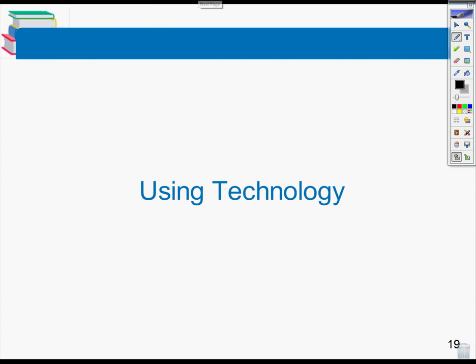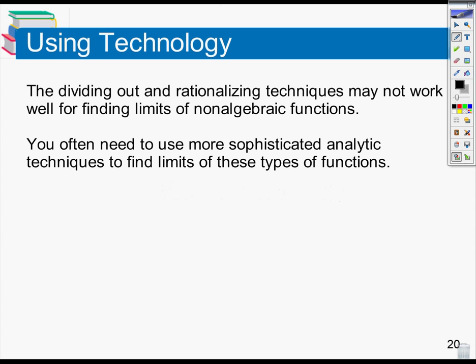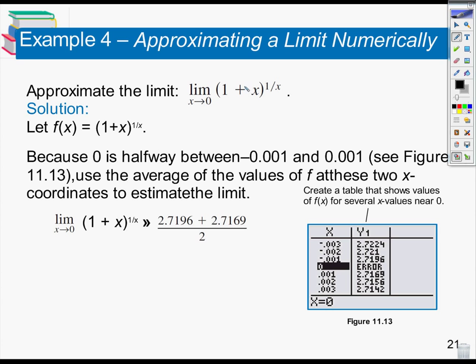The last thing that we're going to look at is using technology, because sometimes the limits are just so sophisticated and so complicated that the particular techniques that we have here and the algebraic manipulation don't quite work because the functions aren't algebraic. For example, this function here, some of you might recognize this from when we were talking about exponential functions way earlier in the year, and we'll see exactly what this is supposed to be in a second when we finish.